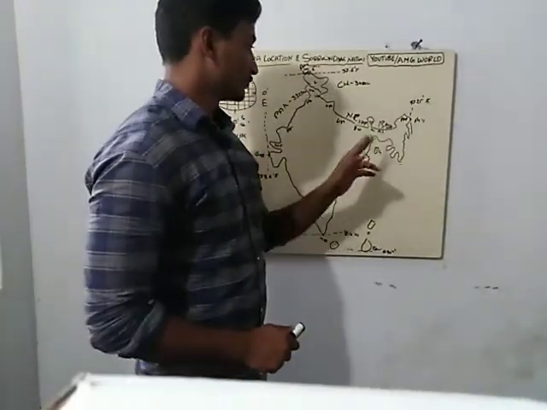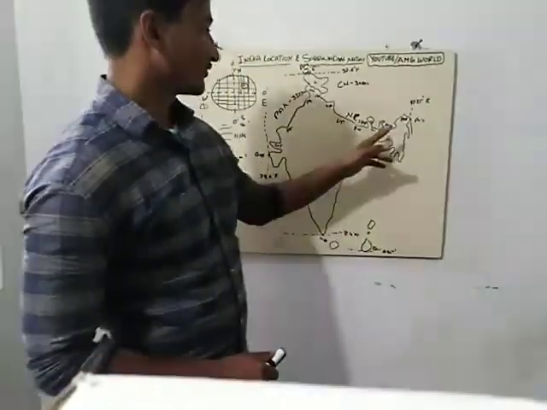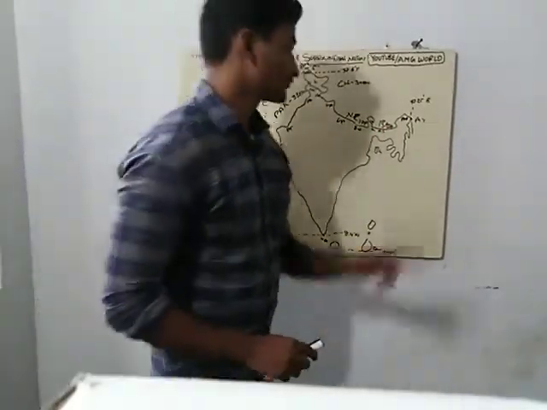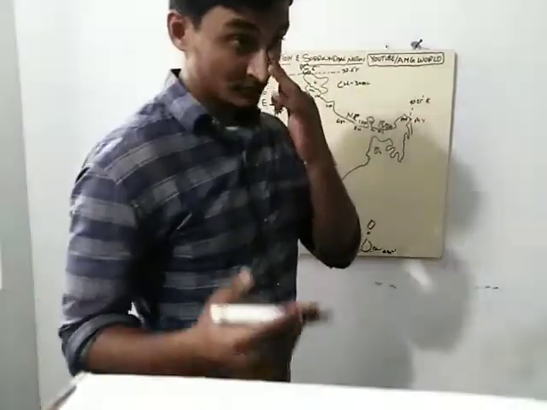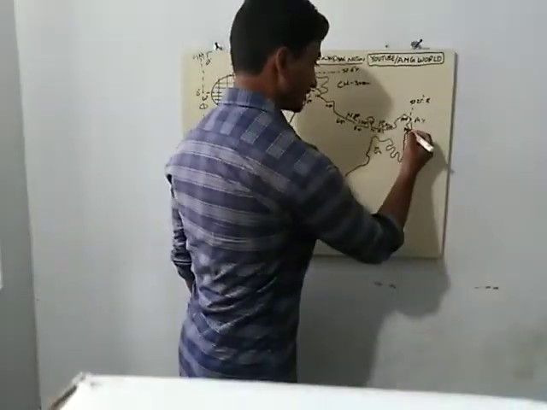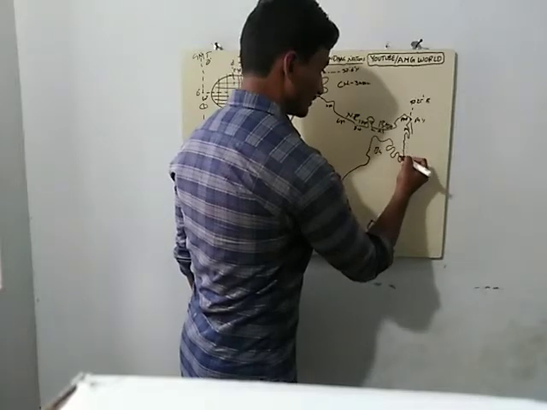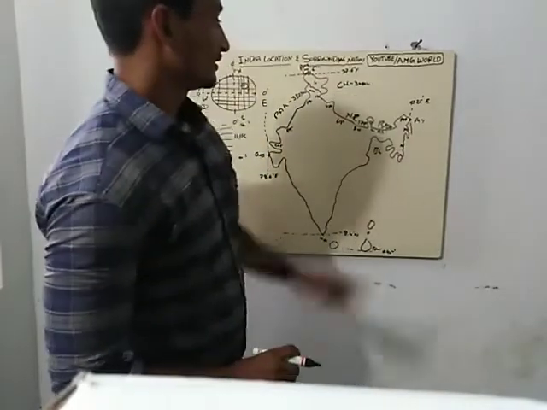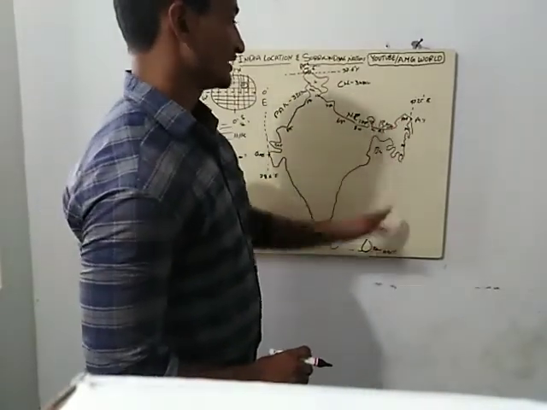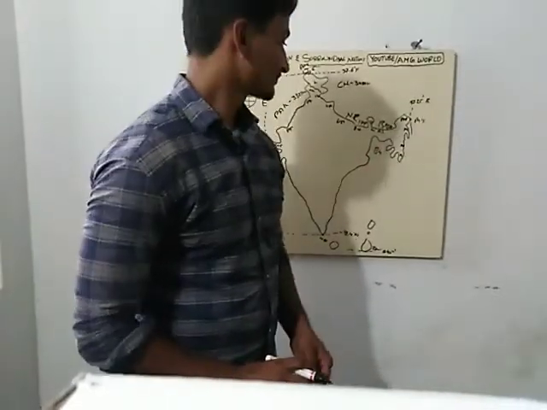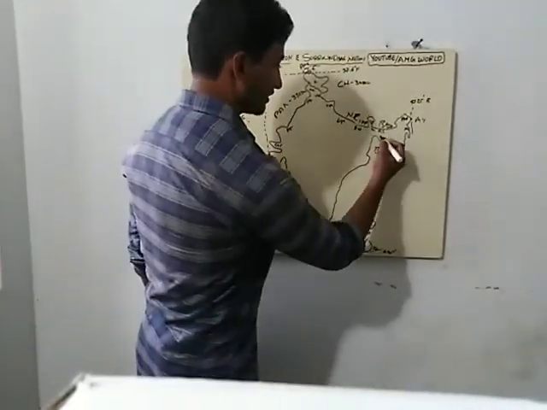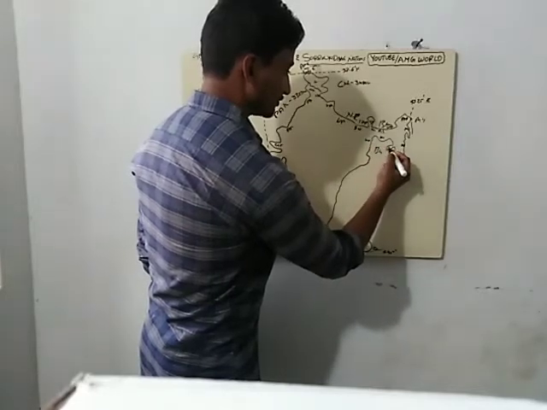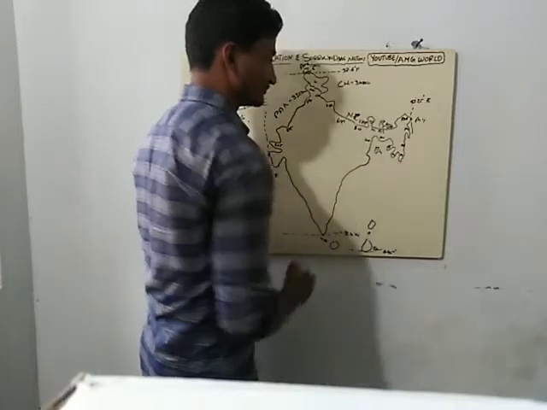And here comes Bhutan, with a border extent of 699 kilometers. Next we have Myanmar, touching Arunachal Pradesh, Nagaland, Manipur and Mizoram. These 4 Indian states touch the Myanmar territory. And for Bangladesh, we have Meghalaya, West Bengal, Tripura and Mizoram.